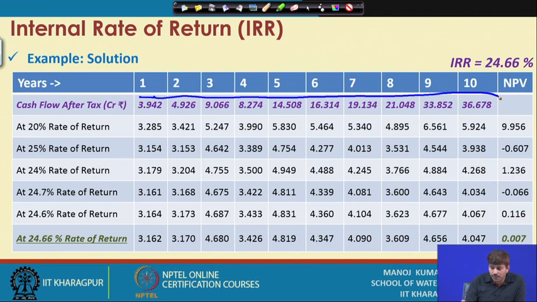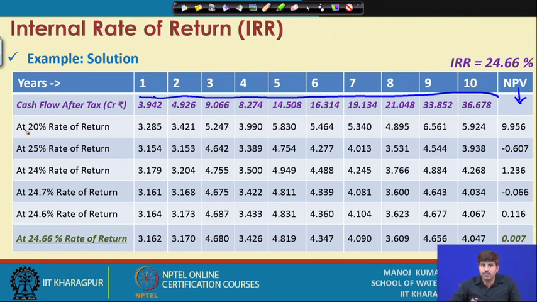So, this is the cash flow after investment, and we have added another column, NPV. If you recall the previous session, for this problem we got an NPV of close to 36 crores at a 12% discount rate.